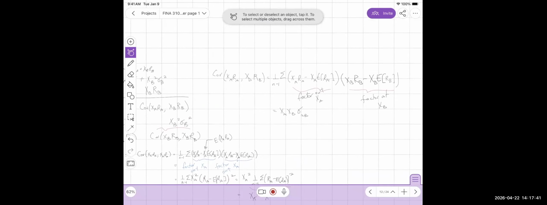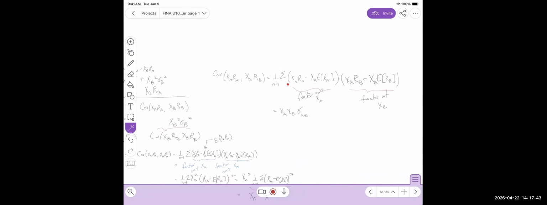I just pulled it out in front because there's an XA there and then there's an XB here, and it can go all the way in front. This is all multiplying. So when they're all multiplied together, the brackets and the XA and XB, I can just move the order around.